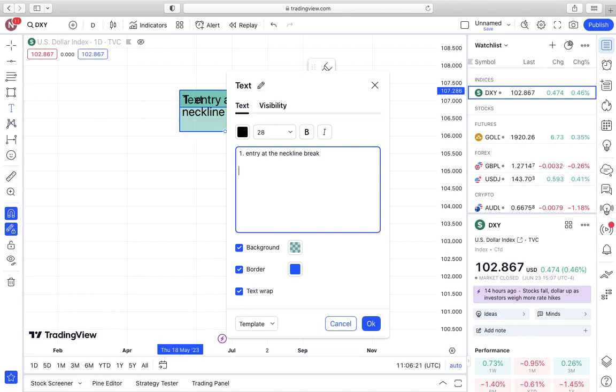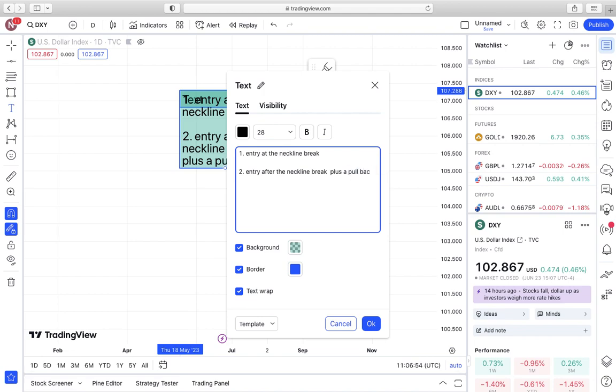Then we have the second one, which is entry after the neckline break, plus the pullback.